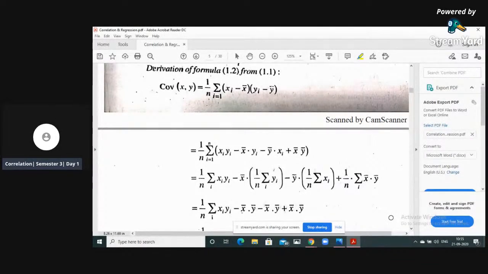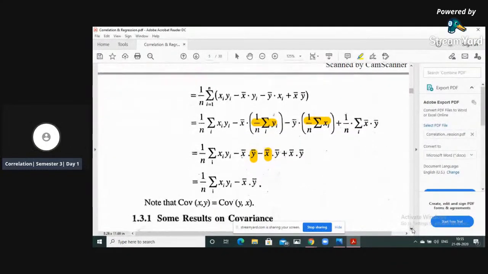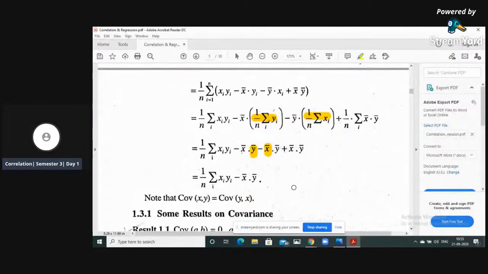So we know 1 by n summation yi is basically y bar and 1 by n summation xi is basically x bar. So finally, the formula reduces to 1 by n summation xi yi minus x bar y bar.